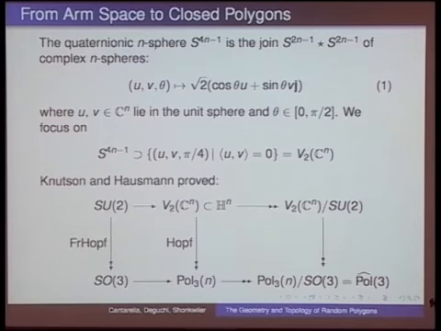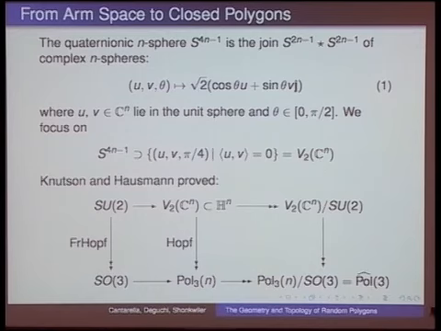But now what I want to do is focus on a submanifold of that, which is going to be u and v in complex n space and the angle pi over 4. So it lies in the kind of Clifford torus in the quaternionic n sphere. That's the middle torus. And we're going to take pairs such that u and v are Hermitian orthonormal. They're just perpendicular.